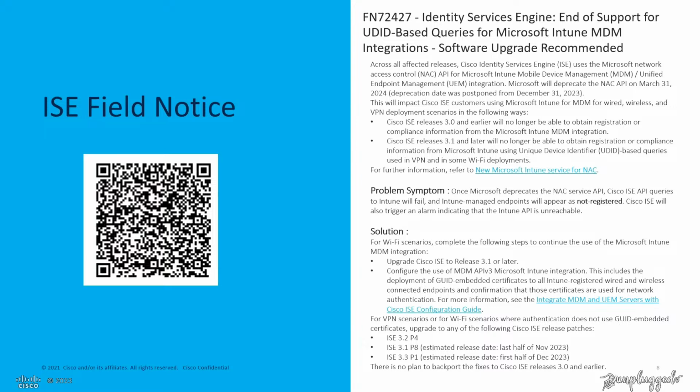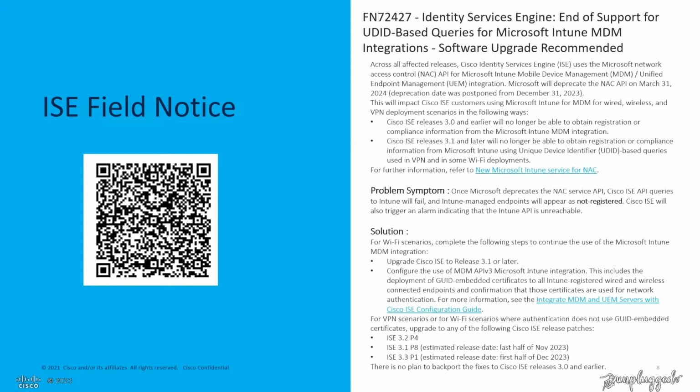I do want to bring mention to a field notice here for those that are using Microsoft Intune as an MDM. Microsoft has deprecated their NAC API, so that changes the way we have to do things. We can no longer use the endpoint MAC address and such.